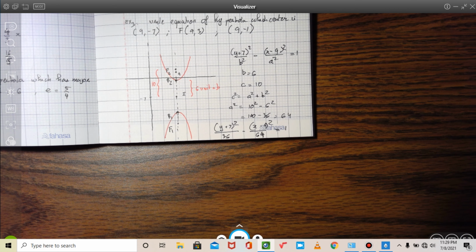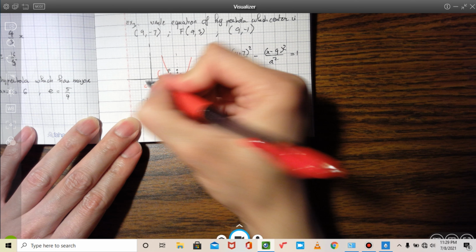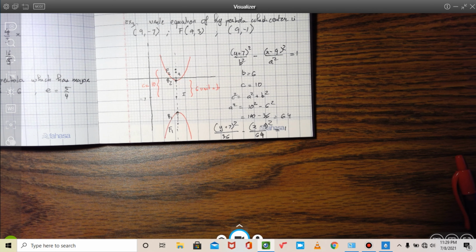Yeah. So you see that by sketching the hyperbola and counting the values, you can get a, b, c easily. Okay. Don't do it by the formula.